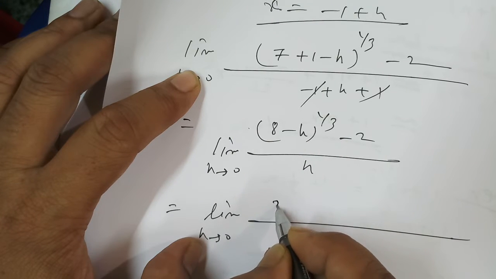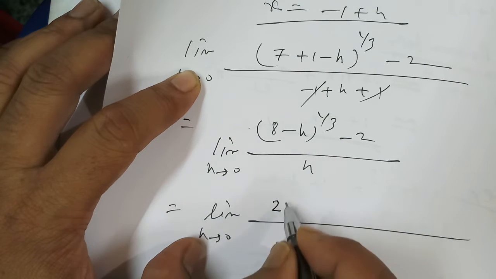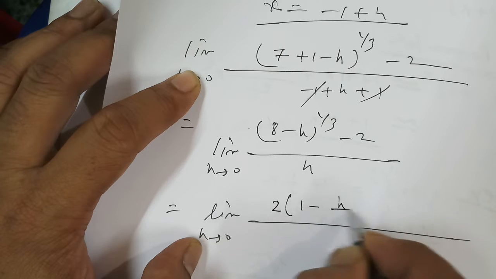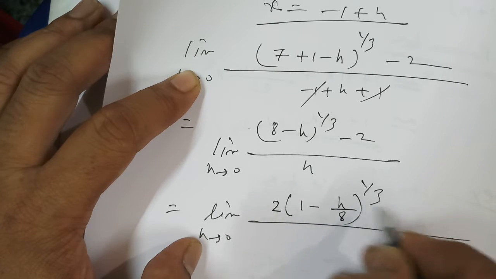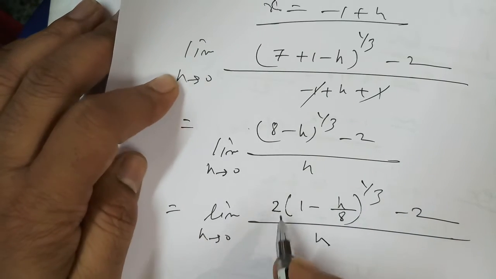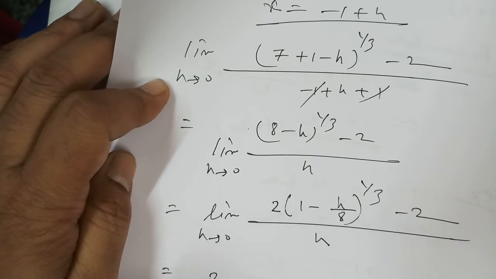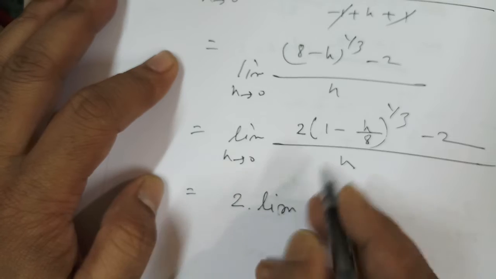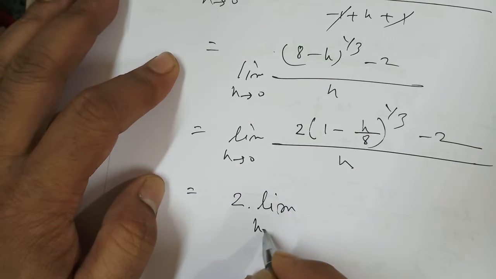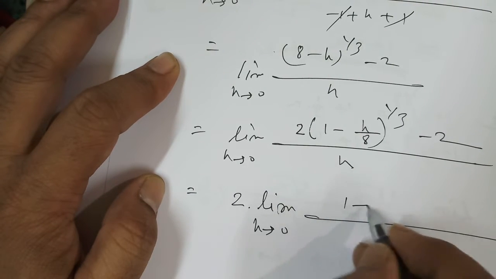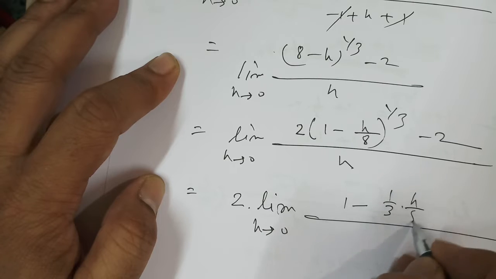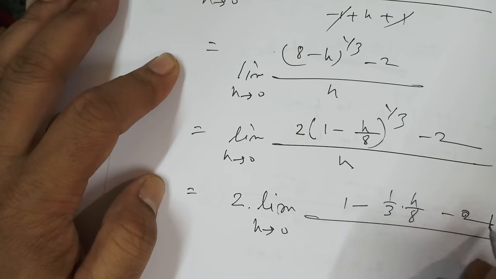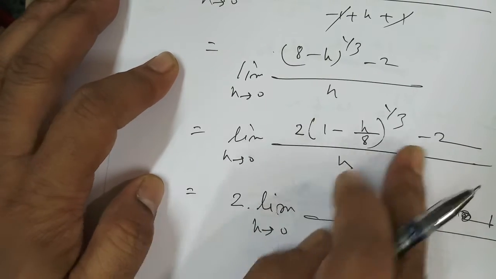So this will be 2 times ((1 - h/8) to the power 1/3 - 1) upon h. Taking 2 common out of the limit as h tends to 0, this will be 1 minus 1/3 times h upon 8.